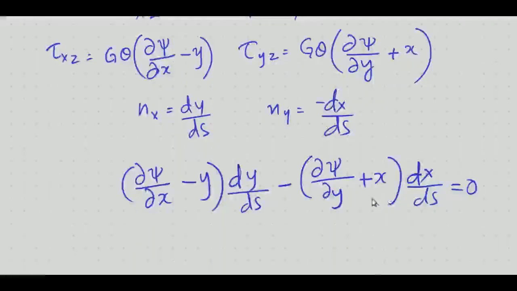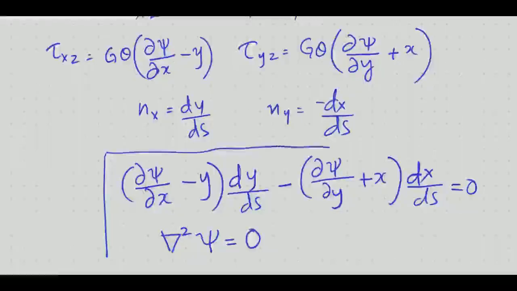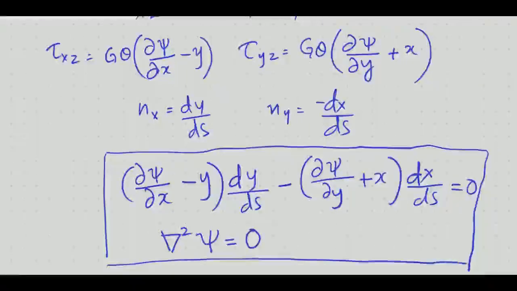So each problem of torsion is reduced to a problem of finding a function psi which satisfies this boundary condition, and which is a harmonic function. So the problem is reduced to finding psi which satisfies these two equations.